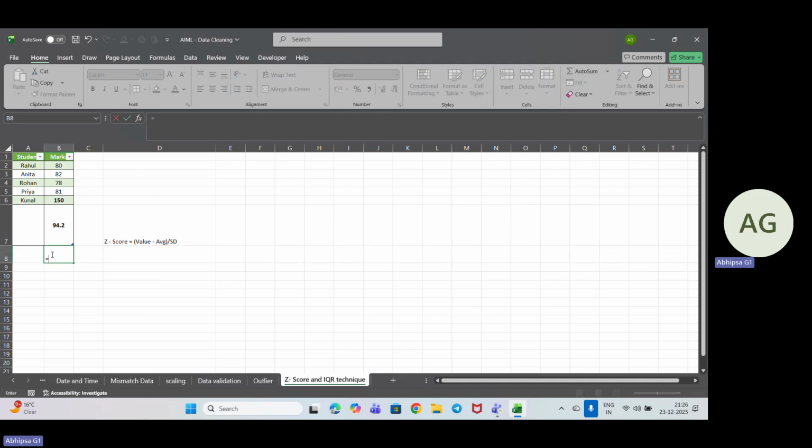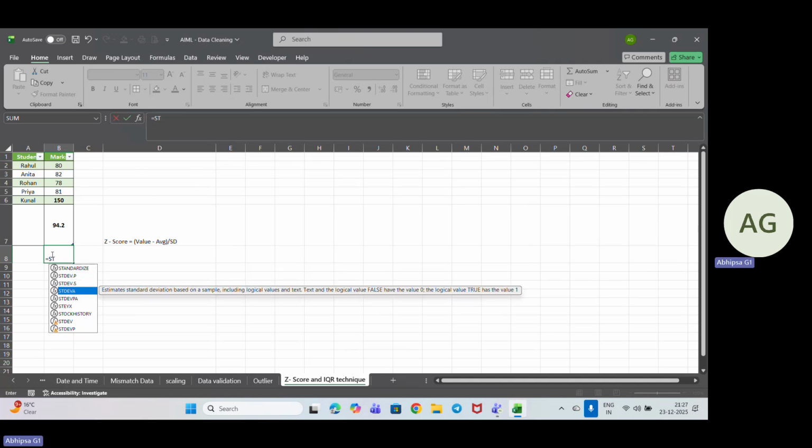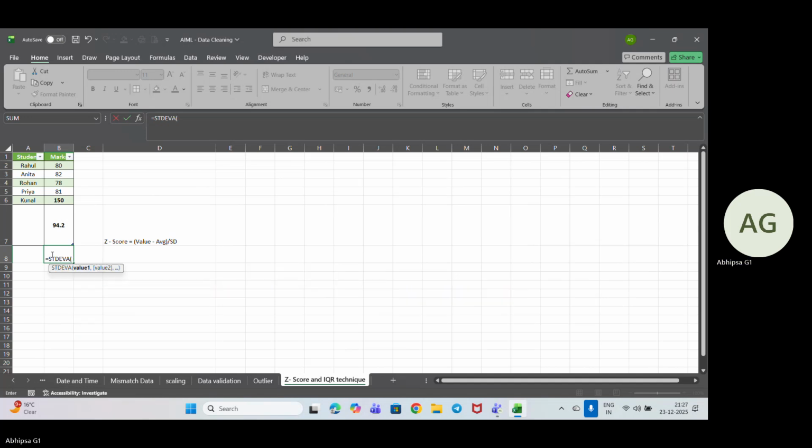So equals standard deviation, and we take the values from here to here, and we get a value of around 31.28819. So we'll just take it as 31, right?